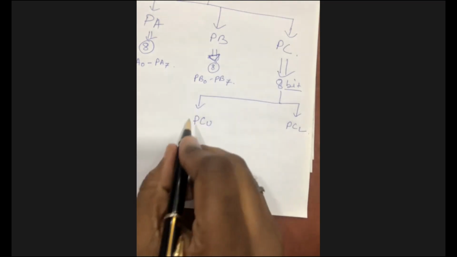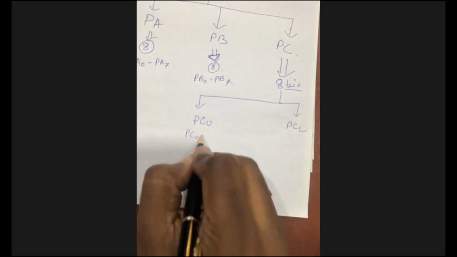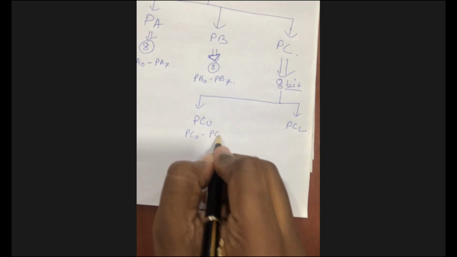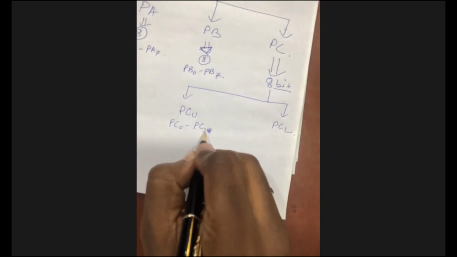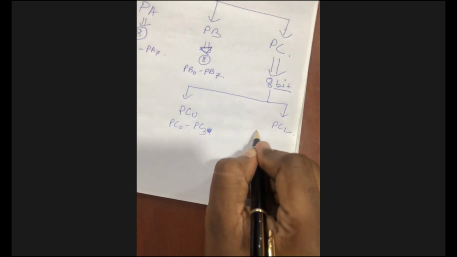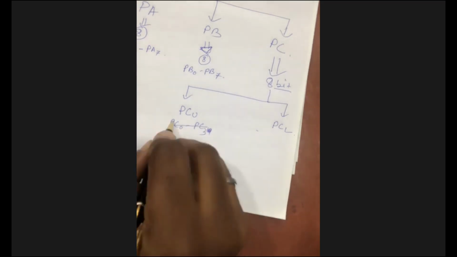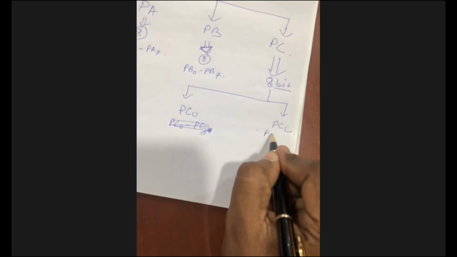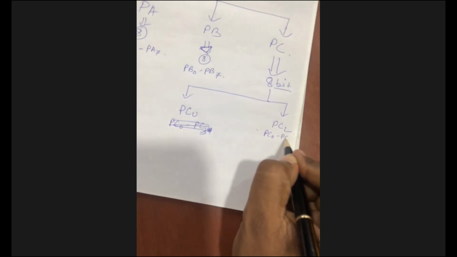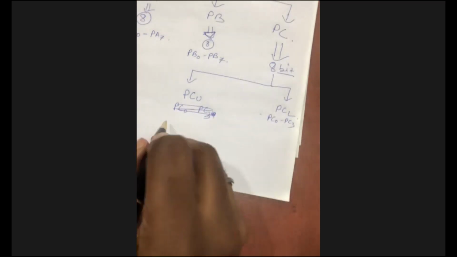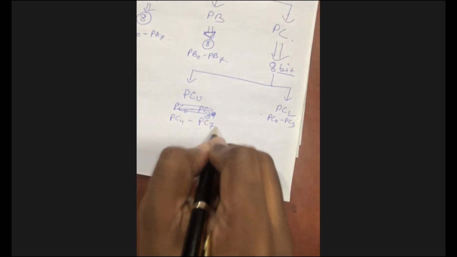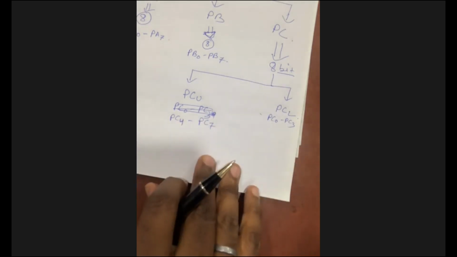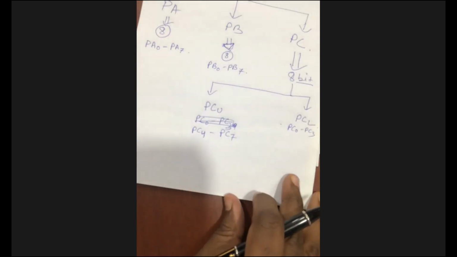PCL means PC0 to PC3, and port C upper is PC4 to PC7. So 4 fingers each, right?